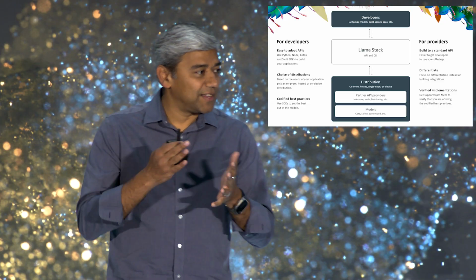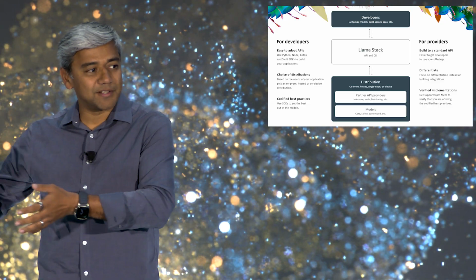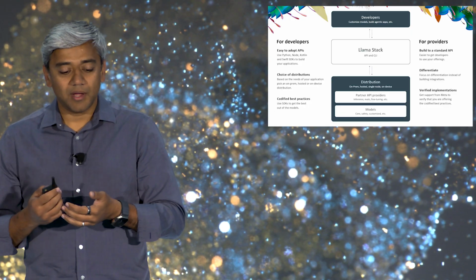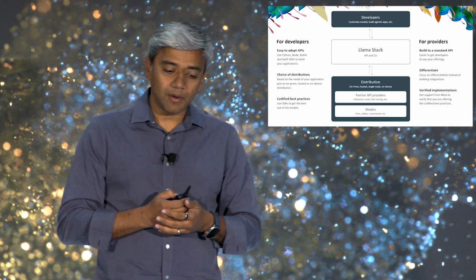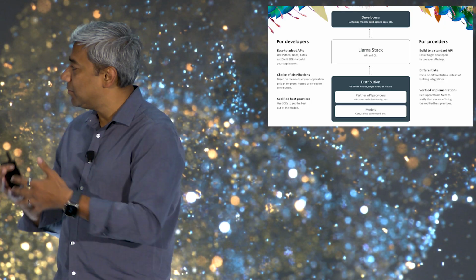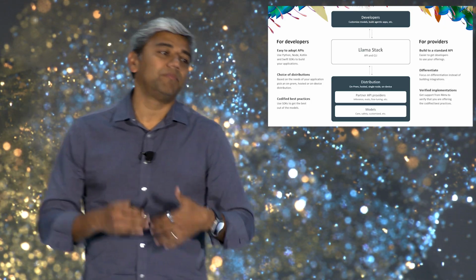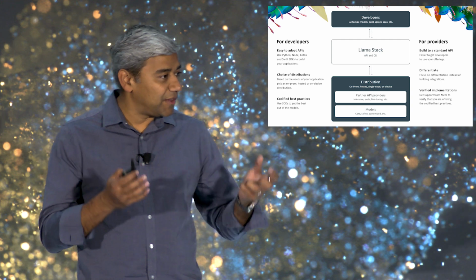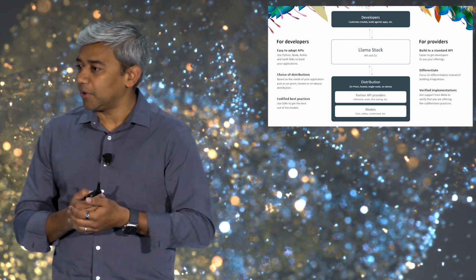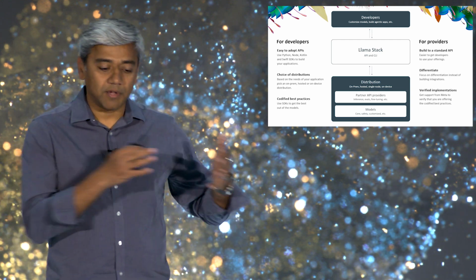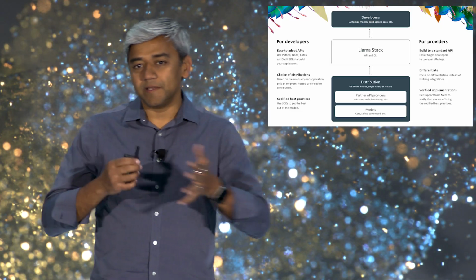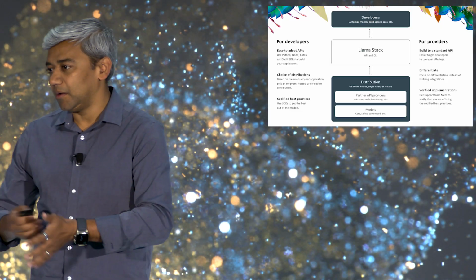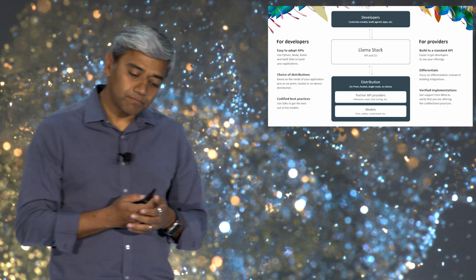So in those cases, they can just rely on the fact that other providers have built to these standards, and they can just focus on what they want to be really good at. And for the partners that are actually building towards these standards, Meta is investing in providing verification, like providing some level of support, so that when customers want to use Llama models with these distributions, they know that these distributions have been verified by Meta, right?